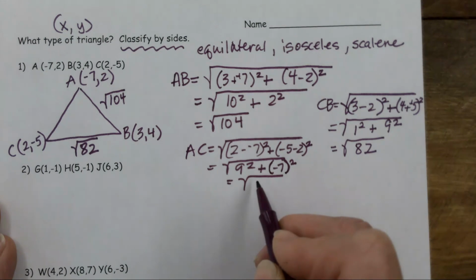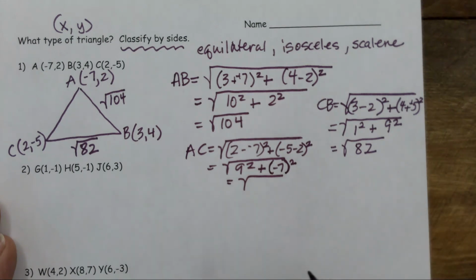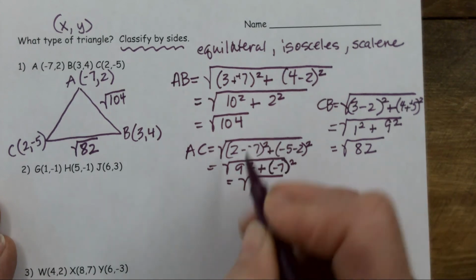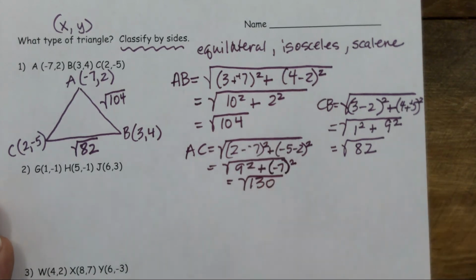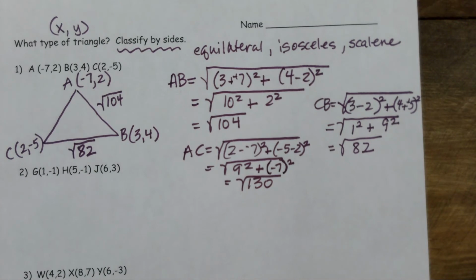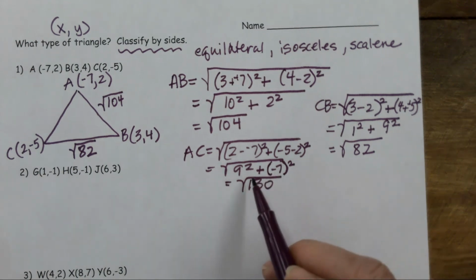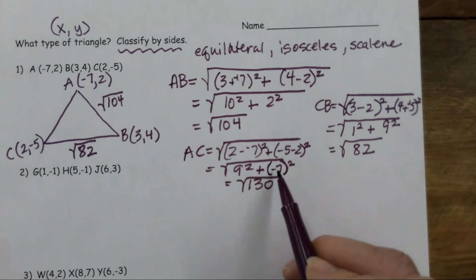Does anybody agree with that? Did I do bad? Jonathan, you okay? You're all right? Okay. You made it look like you had something to say. What's that? 49 plus 81?